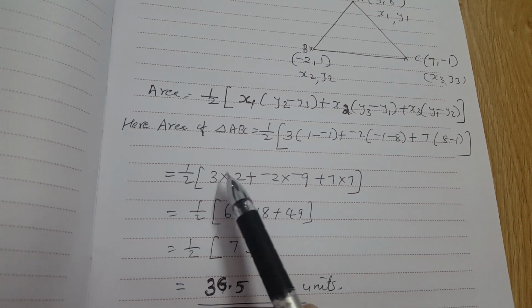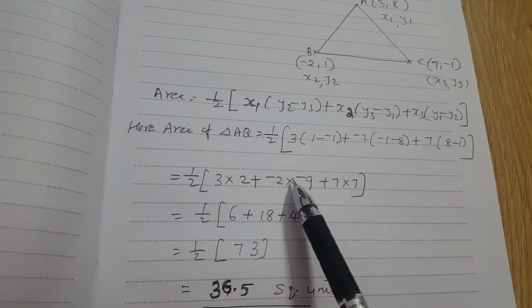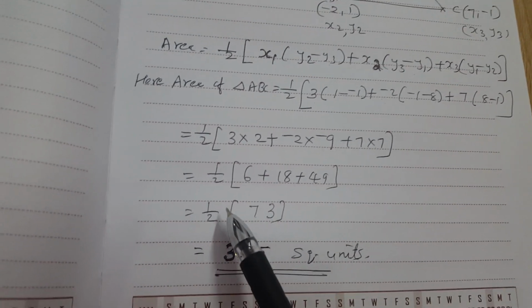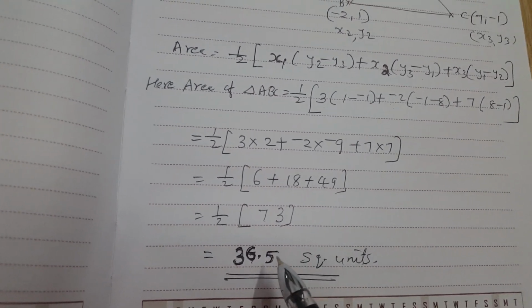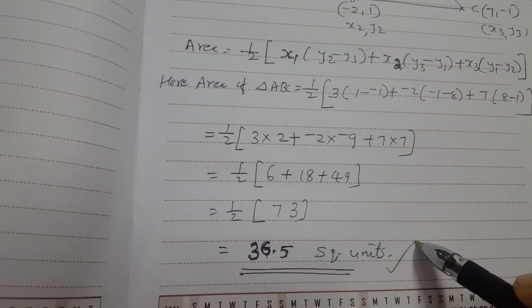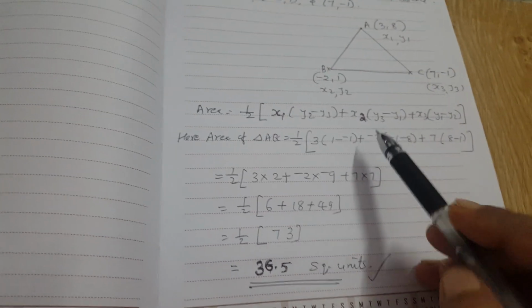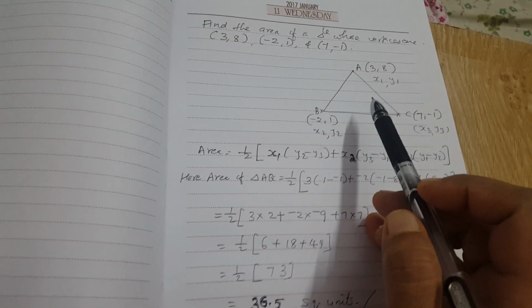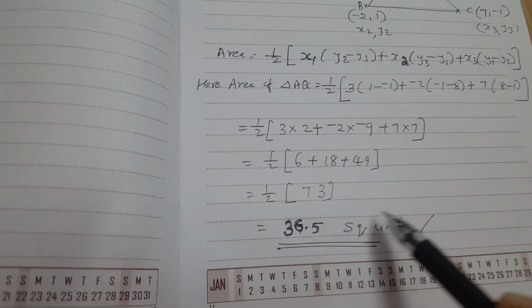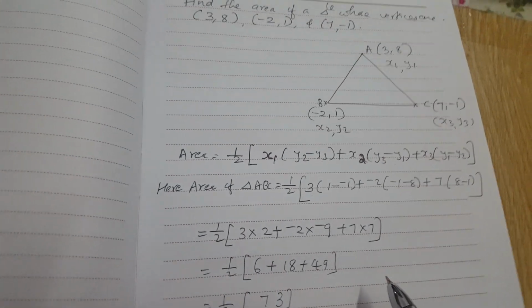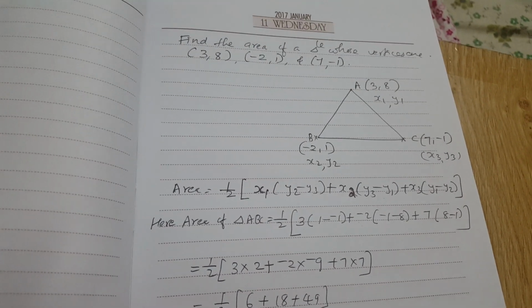Which is equal to half of 3 into 2 is 6, minus 2 into minus 9 is plus 18, 7 into 7, 49. On adding, half of 73 equal to 36.5 units. So area of this triangle by applying the formula in coordinate geometry is equal to 36.5 square units. I hope everybody can do this problem.